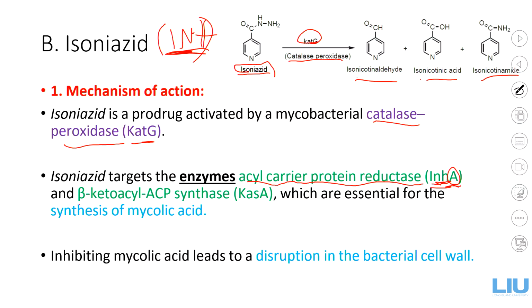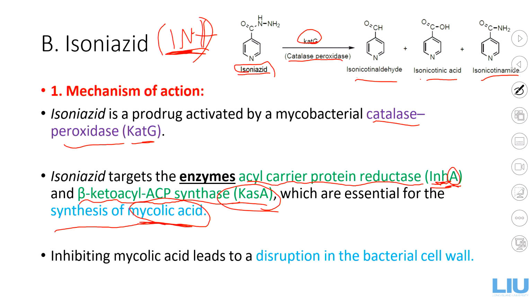But they also attack beta-ketoacyl ACP synthase, for short KasA. Those two enzymes are essential for the synthesis of mycolic acid. Remember, we talked about the cell wall of the mycobacteria. We said they have mycolic acids. These are fatty acids. So those enzymes are essential for the synthesis of mycolic acid.